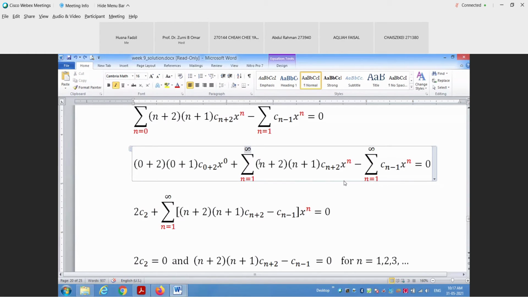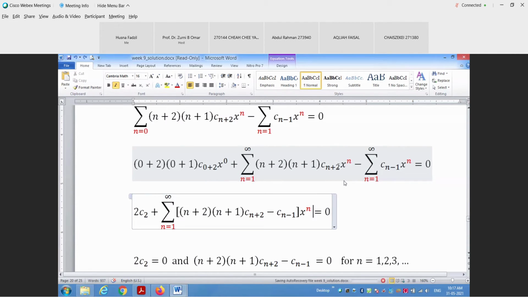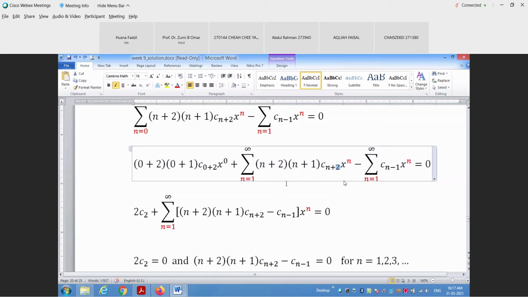You just write down their coefficient, which is n plus 2 times n plus 1 times C_{n+2}, and then minus, because of the minus sign here, minus C_{n-1}, all together times x power of n.